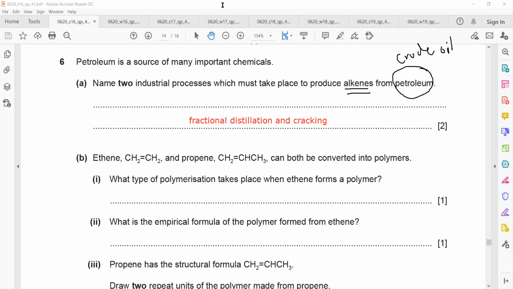The next part: ethene, which is C2H4, and propene, which is C3H6, are both converted into polymer. The term polymer means converting small molecules into a long chain compound. What type of polymerization takes place when ethene forms a polymer? When alkene forms a polymer, only the polymer is formed. What do we call this type of polymerization?